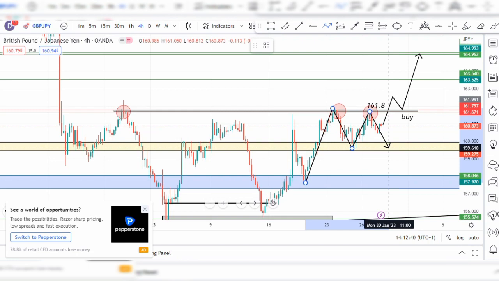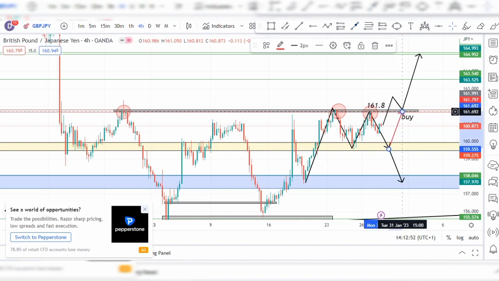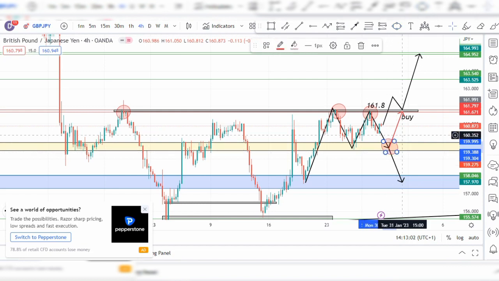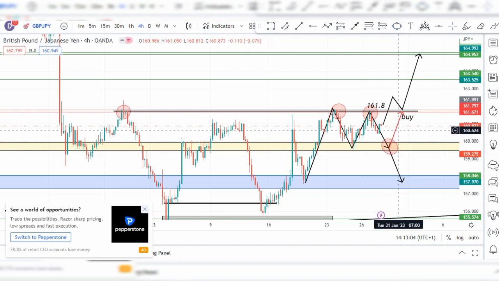Price could come back down into the zone here, or further break that zone into this area here, or occasionally even bounce from this area. So what does that tell us? When we have all these possibilities, if price gets down there, this zone here automatically becomes a key area for us as well.